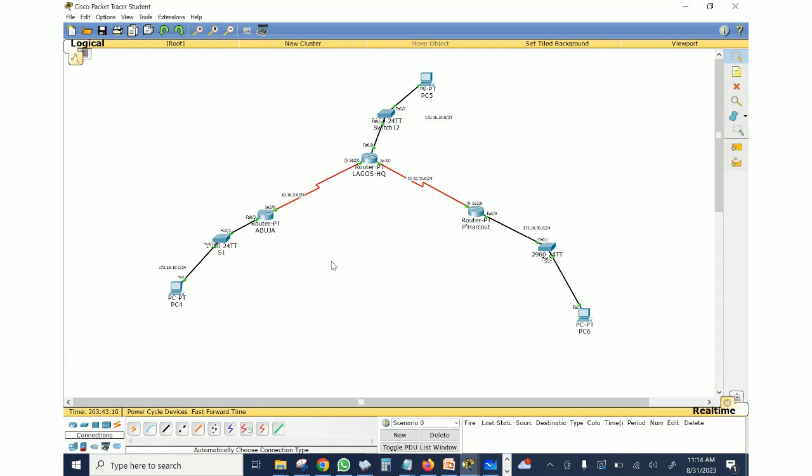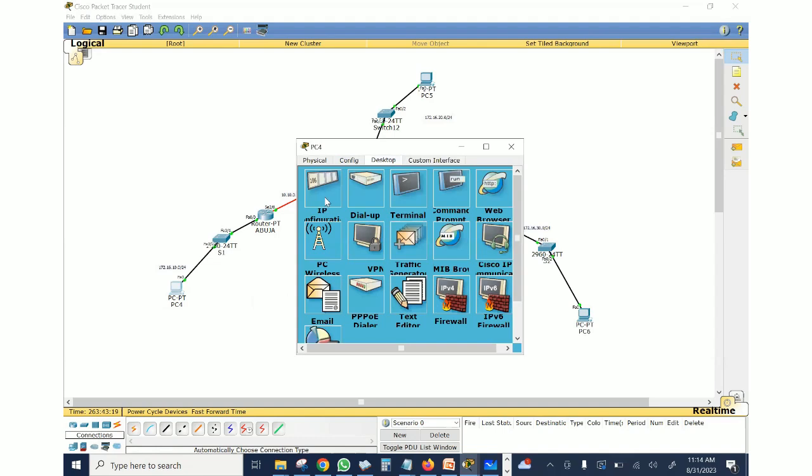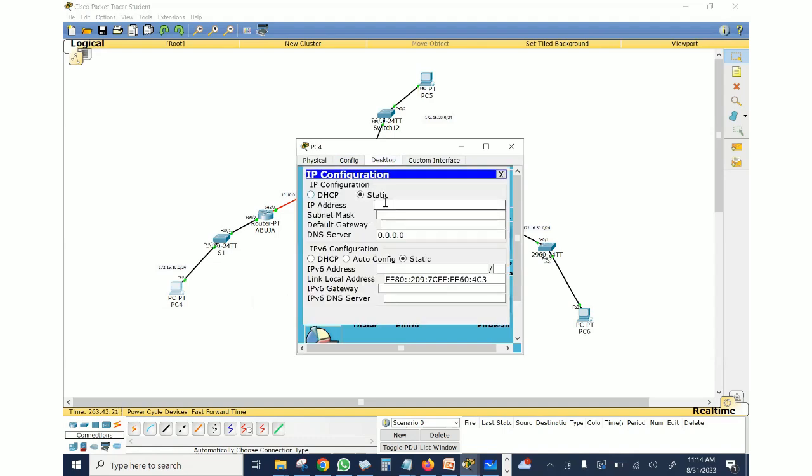So let's perform our static routing. Let's even give this host an IP address to see if we can ping, for you to see what I'm talking about. This is 172.16.10. Let's give it .10, with 255 mask.